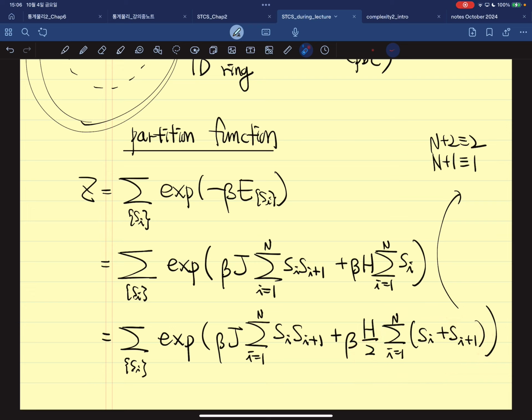The only reason why I make this simple term into a more complicated term is that somehow I just converted the whole summand into a product of these two and sum of these two. This is actually important when dealing with the matrix formulation later. So let's start from this.